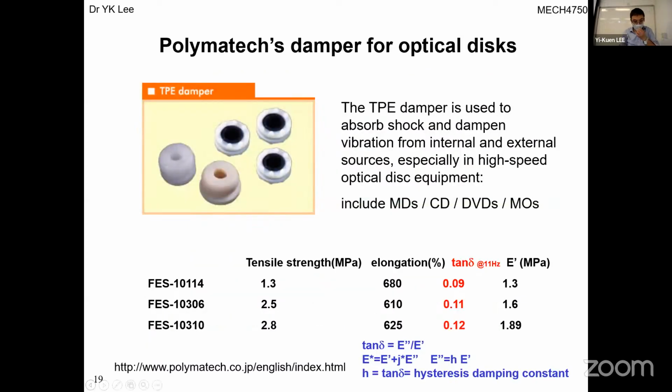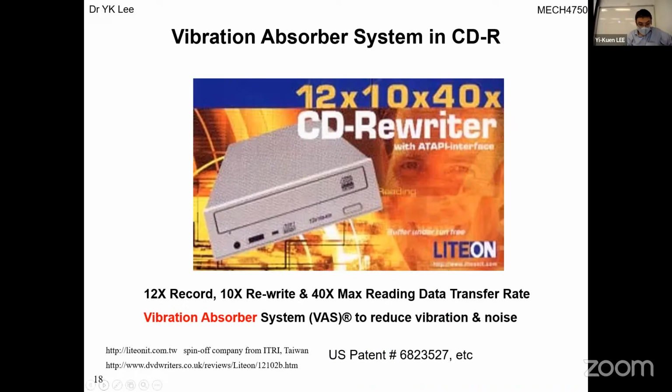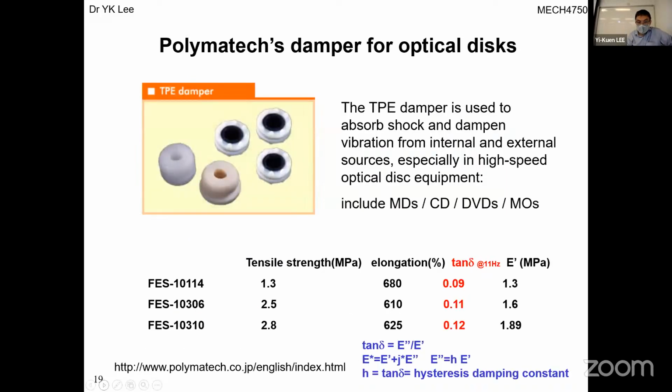And typically, we show you how we can come up with this kind of thing. In this case, you need to think about how to get those kinds of products. For example, this shows a damper made of viscoelastic polymer material from a company called Polymatech.